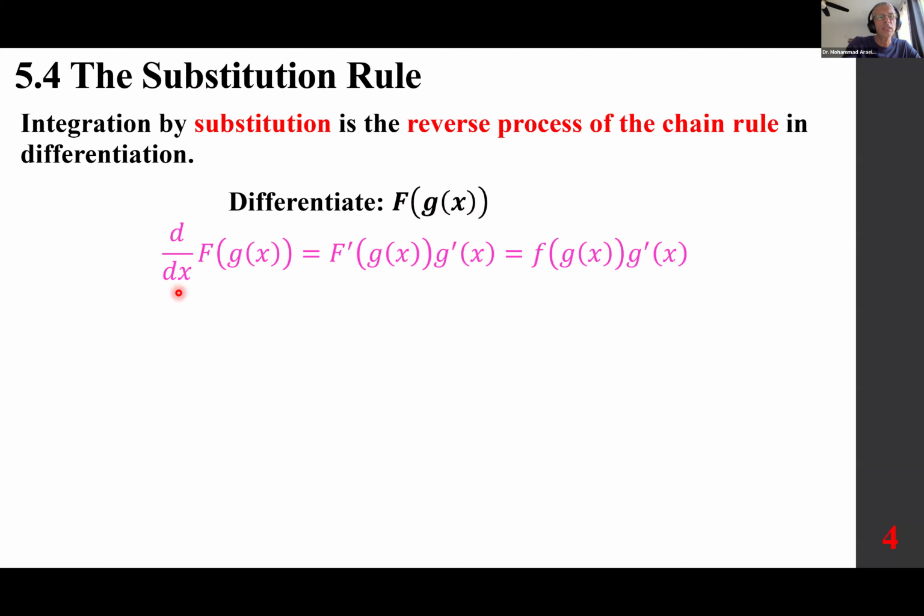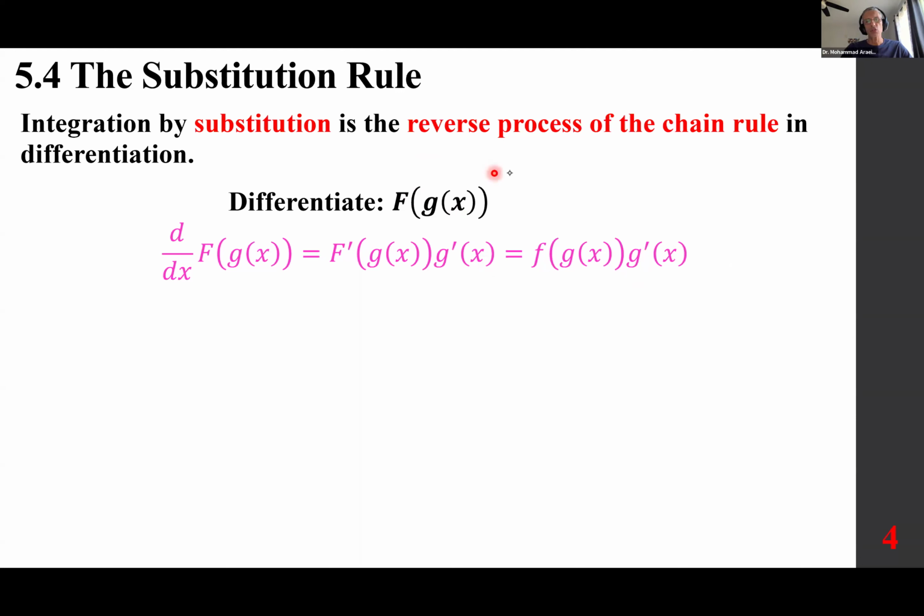In other words, d/dx of this expression is capital F prime of g of x, g prime of x. Normally, capital F prime is the same as lowercase f, so f of g of x, g prime of x. So if we integrate this side with dx next to it, it must give us this plus a constant.